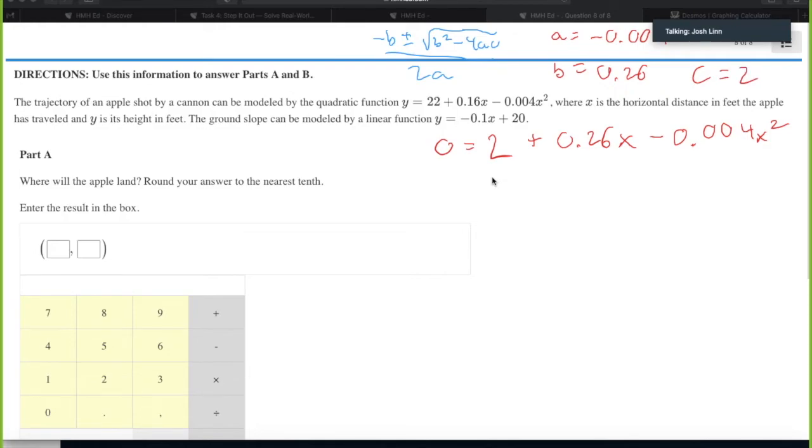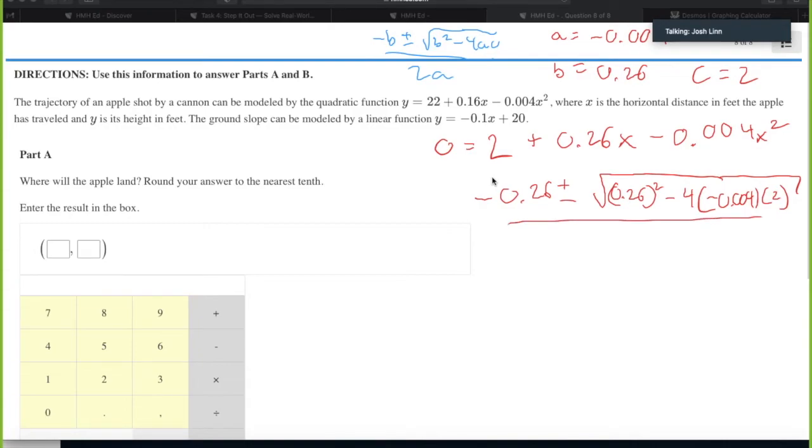Okay, so we've got negative 0.26 plus or minus square root of 0.26 squared minus 4 times a, which is negative 0.004, c times 2, all over 2 times negative 0.004.